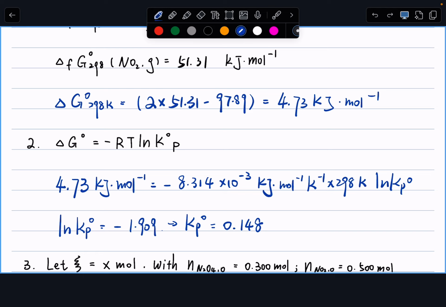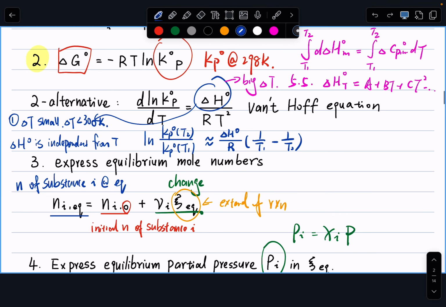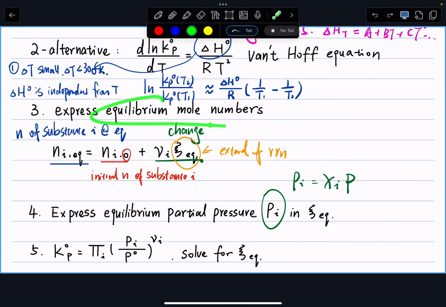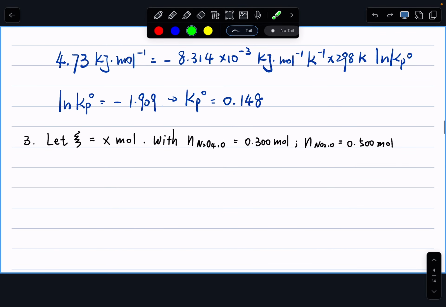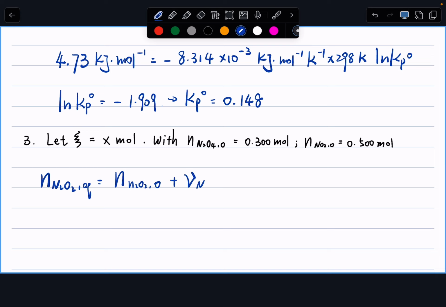All right, step 3. We want to express the equilibrium mole numbers as a function of the initial number of moles and the stoichiometric coefficient times the extent of reaction. That's what we did in our practice. At equilibrium, the number of moles of N2O4 equals the initial number of moles of N2O4 plus the stoichiometric coefficient of N2O4 times the extent of reaction.